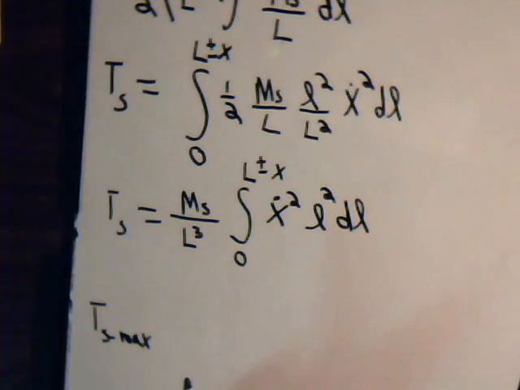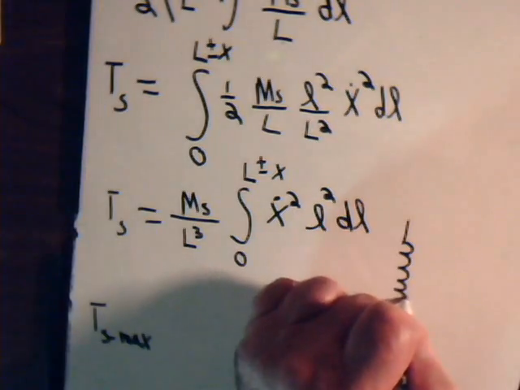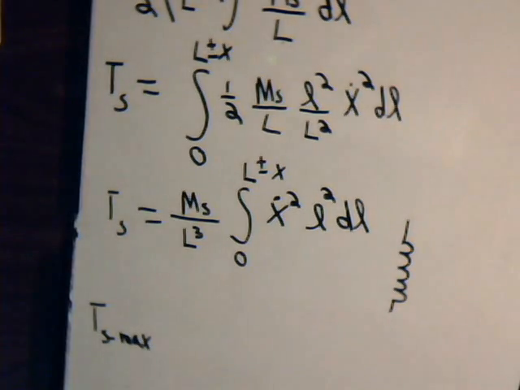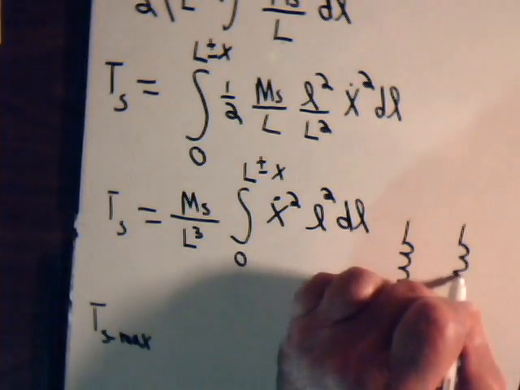Now x dot, of course, is the velocity of the block. So here we have this, and let's say this is the spring unstretched. And then here we have it with the block attached.